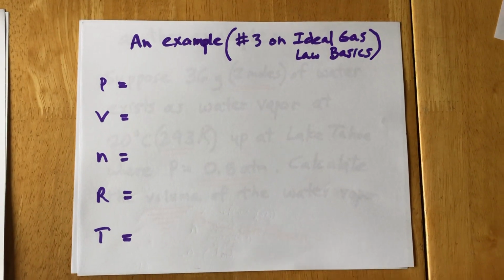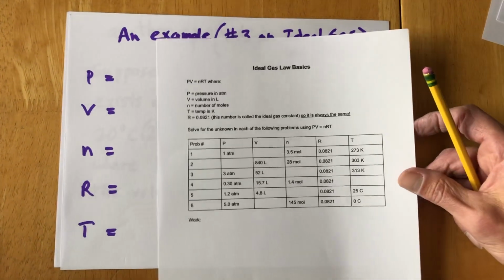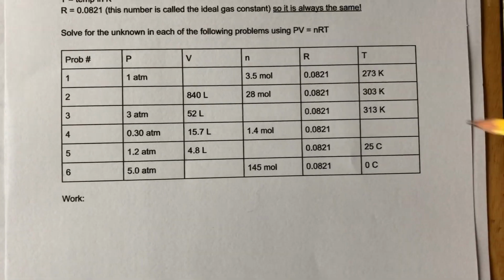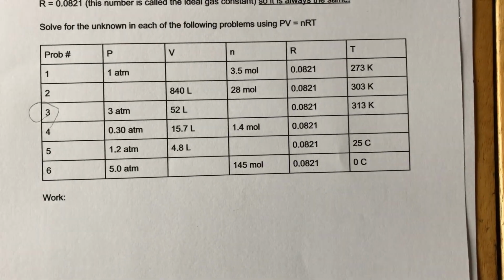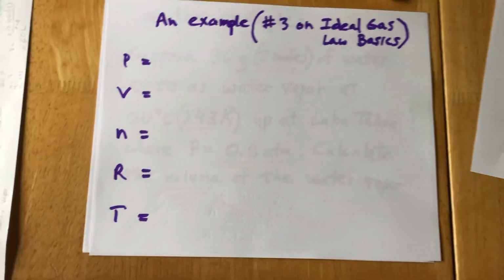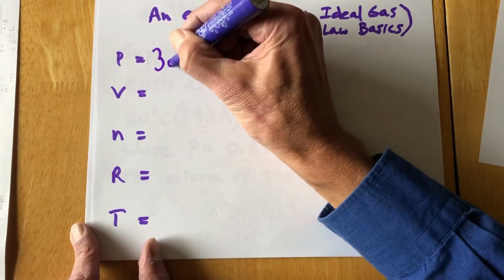Let's do an example from your Ideal Gas Law Basics worksheet. I'm going to pick number 3 and put the numbers onto the paper like you would do. P is 3 atmospheres.